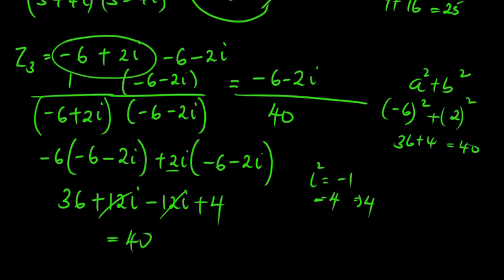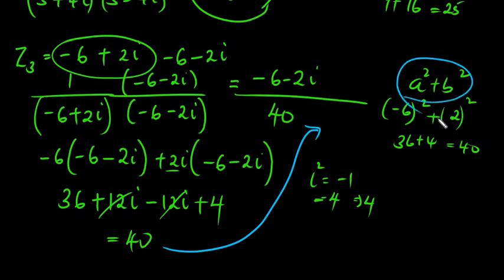As you can see, you don't have to work out all this. You just have to use the simple formula a squared plus b squared when multiplying a complex number by its conjugate. Let's meet in the next video as we look at more examples.